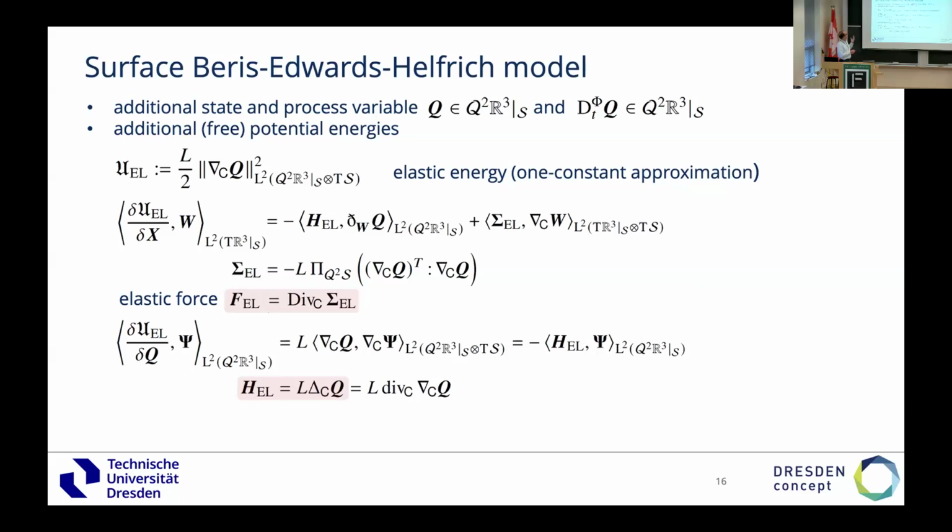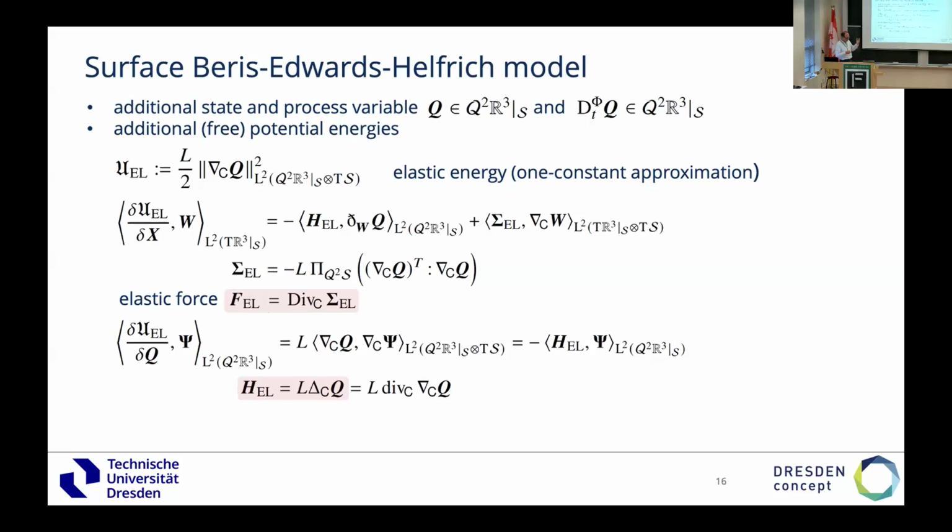Okay. To incorporate this, that would be our new state variable, and the time derivative of that would be our new process variable. I want to be general here. That could either be the material derivative or the Jaumann derivative as the average of the upper and the lower convected derivative.